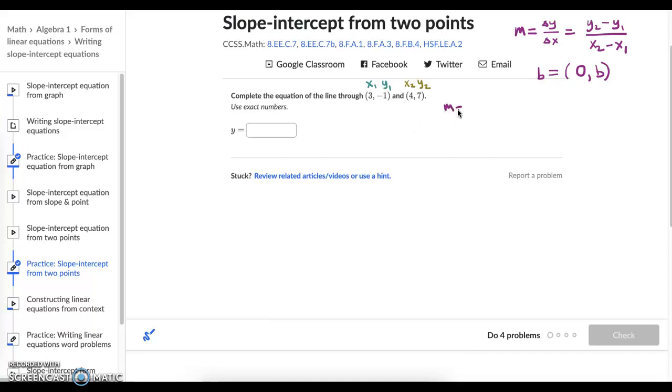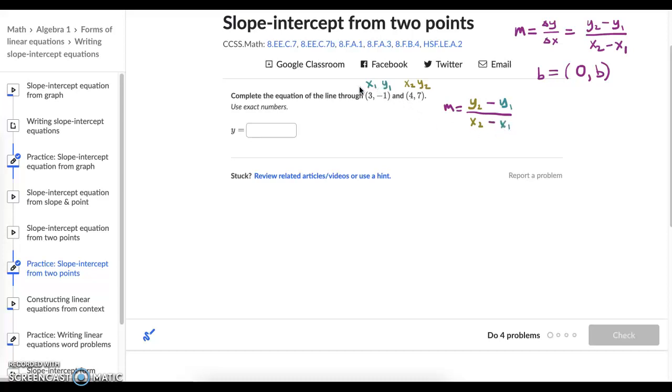So our slope m is equal to y2, let me change color right there, minus y1. So where's our y1? That's this color right here. And that's going to be over x2 minus x1.